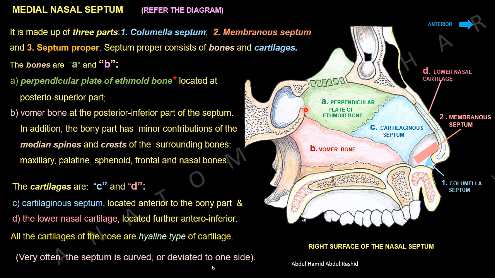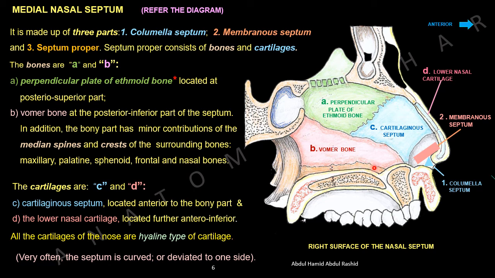The bones are A, the perpendicular plate of the ethmoid bone, which is located in the posterior and superior part of the septum. B, the vomer bone, which is located in the posterior and inferior part of the septum. In addition to these bones, there are additional minor contributions of medial spines and crests of the surrounding bones. That means small crests coming from the surrounding bones like maxillary, palatine, sphenoid, frontal and nasal bones.